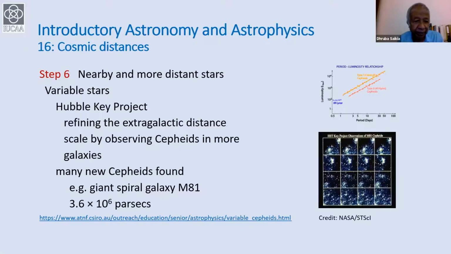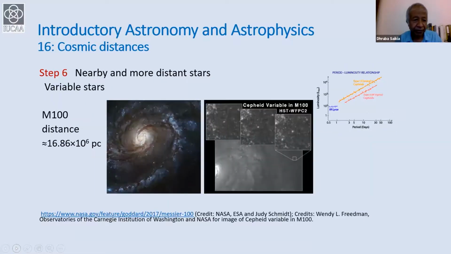You can see over here that with the Hubble Space Telescope, one of the key projects has been refining the extragalactic distance scale by observing Cepheids in more distant galaxies. So many new Cepheids were found, for example, in the spiral galaxy M81, which extends it now to distances of not just kiloparsecs, but now we are going to the megaparsec scale distances.